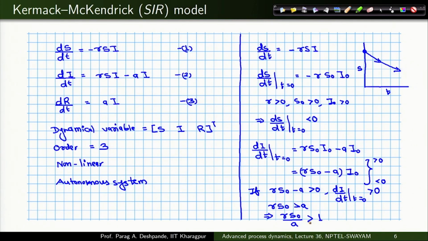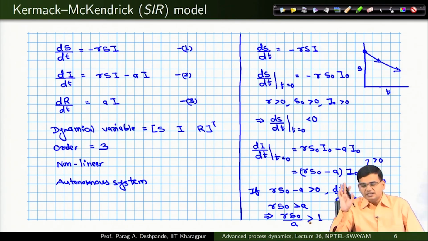So, I have a number r S0 by a, and if this number is greater than 1, then you can say right at the beginning of the pandemic itself, if you know S0, if you know r, if you know a, that pandemic is going to happen.